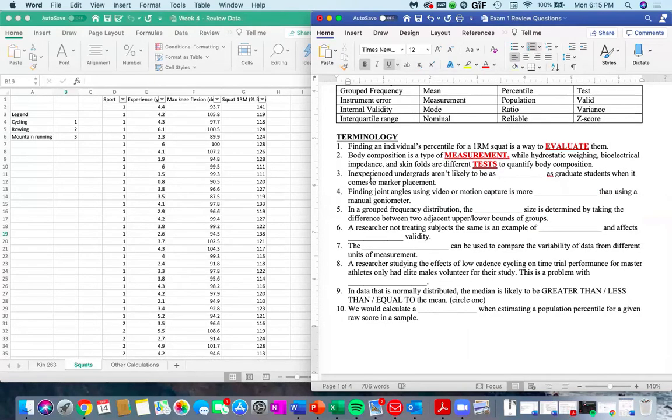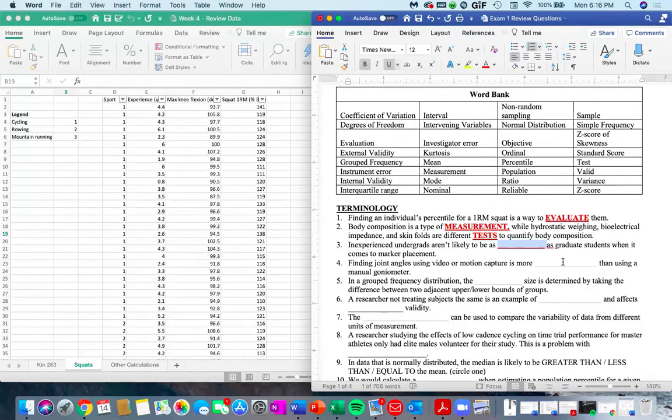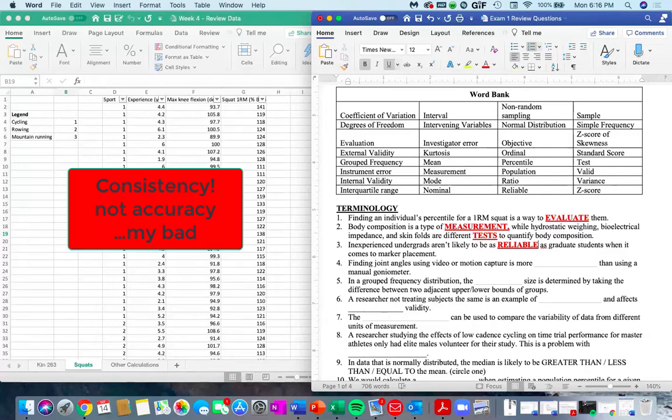Okay. All right. So number 3, inexperienced undergrads aren't likely to be as good as graduate students when it comes to marker placement. Reliable. Yep, reliable. What is reliability referring to? Their skill level. Could be skill level, right? But it more so reflects the accuracy.